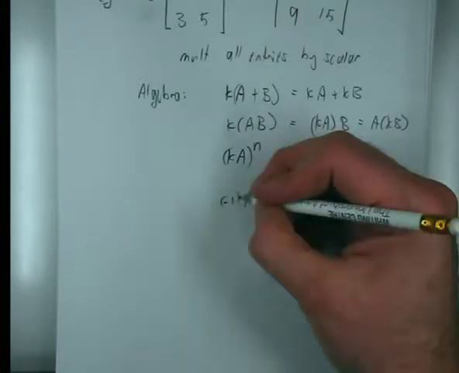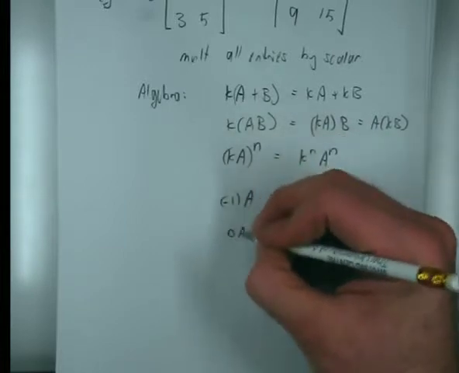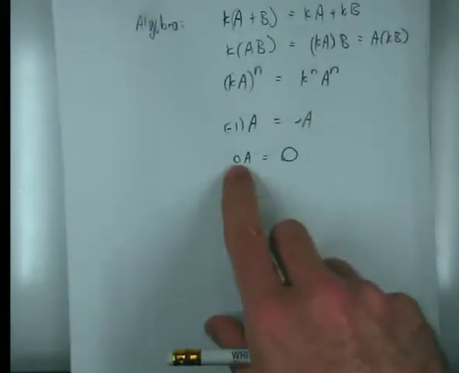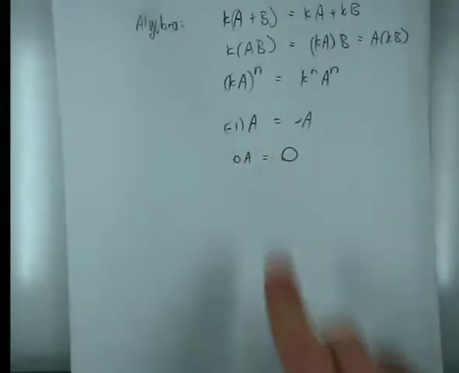Oh, and 0 times A will be the zero matrix, right? Note that this is a number and this one's a matrix. Yay.